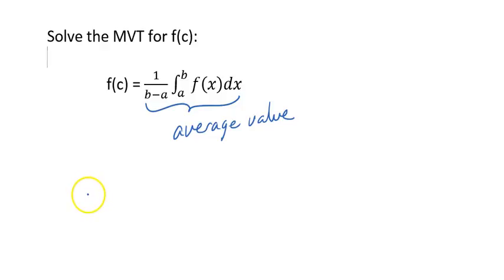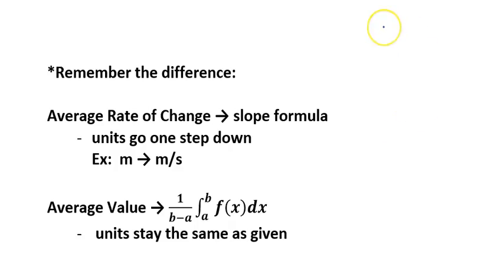Now, that means that we now have 2 averages to keep straight. These are the only 2 averages that we will be dealing with. And so here is how we remember the difference. Average rate of change is what we dealt with before. That is your slope formula, and your units go one step down. And what I mean by step down and step up is like the order of original, derivative, second derivative.